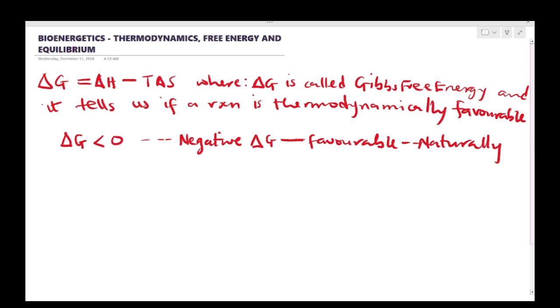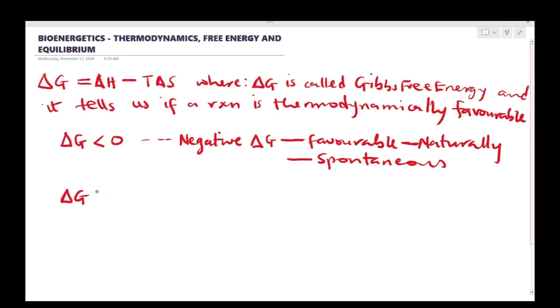It will happen naturally, and it will also happen spontaneously. So that's what negative delta G is: favorable, happens naturally, and it will happen spontaneously.